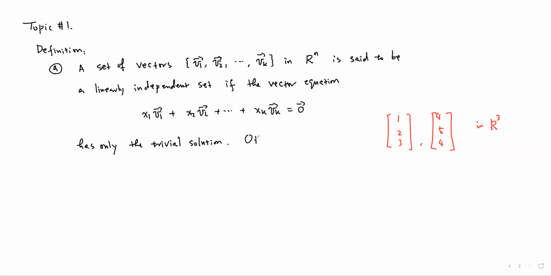Otherwise, if this vector equation has a non-trivial solution, that means a non-zero solution, in that case we say that this given set is a linearly dependent set.